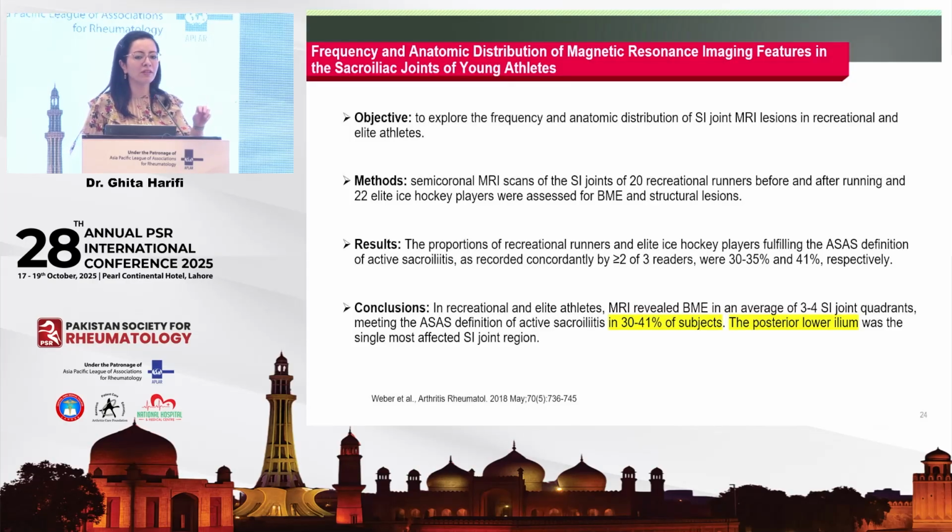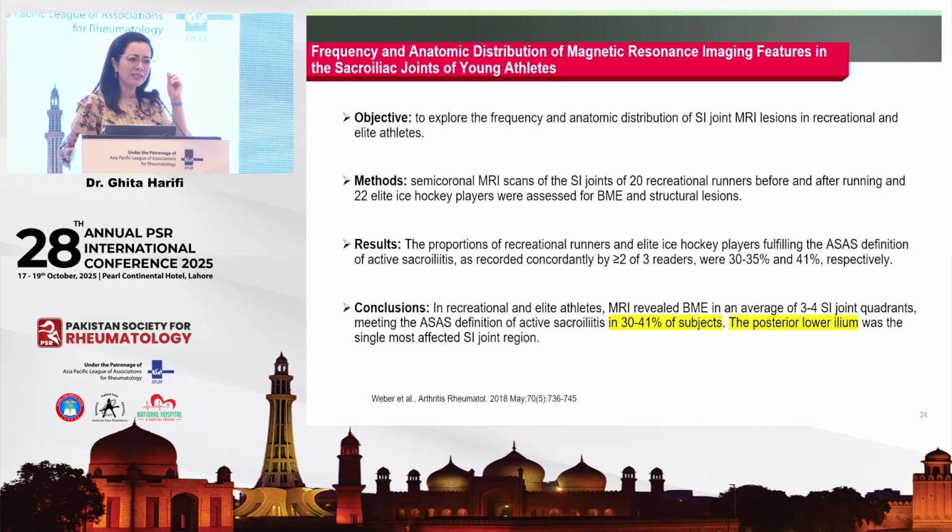This is one of the criticisms that we give now to this definition, and that's why the ASAS definition of sacroiliitis is expected to be modified soon, because by exclusively taking bone marrow edema as a criterion, we overdiagnose patients. The direction we're going in now is that we will probably need at least some structural changes, such as an erosion, to conclude sacroiliitis.